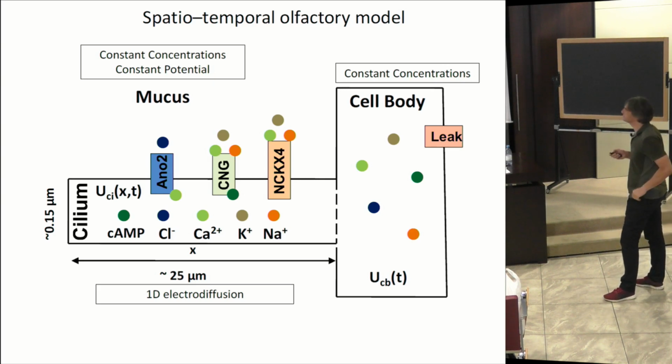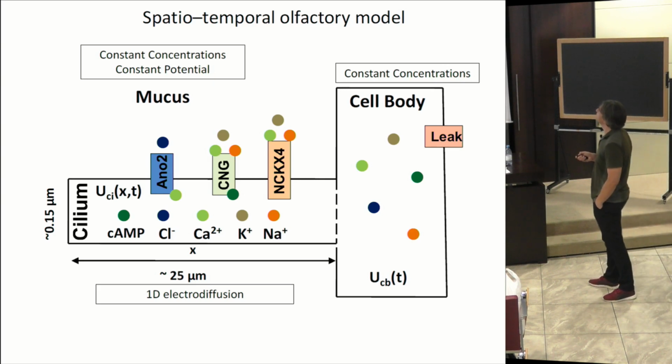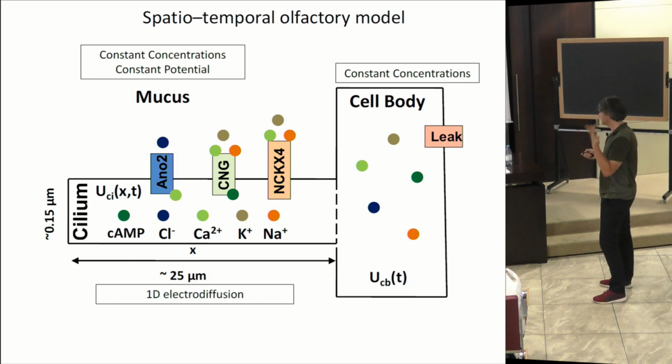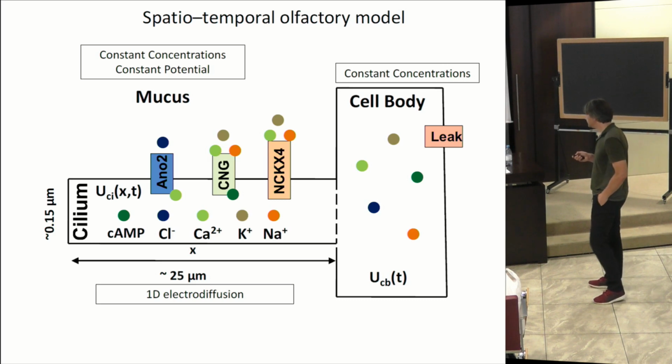So first you have to get a spatio-temporal model. Basically you have here a cilium, which is approximated as a 1D cylinder. You have to put in all the different players. You have to put in cyclic AMP. And Thibault this morning also had positive and negative ions, but here we have 4 different types of ion: chloride, of course sodium, of course calcium, and I also added potassium here.